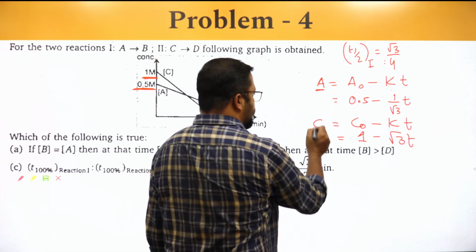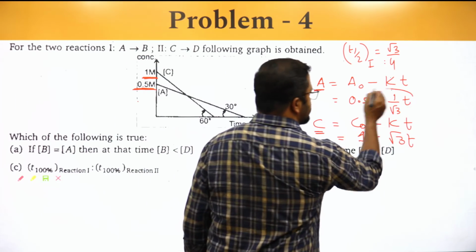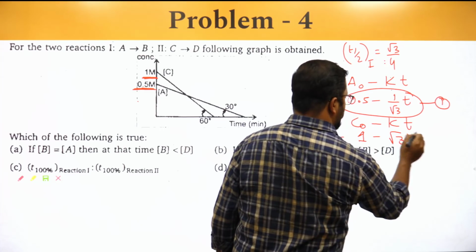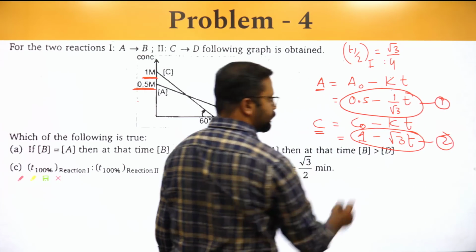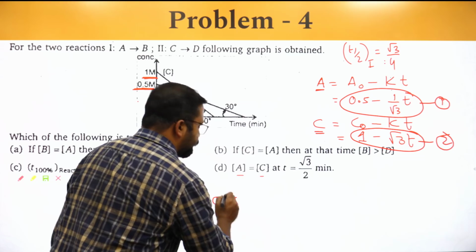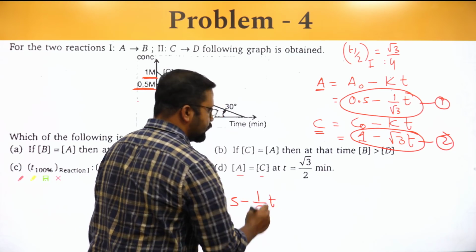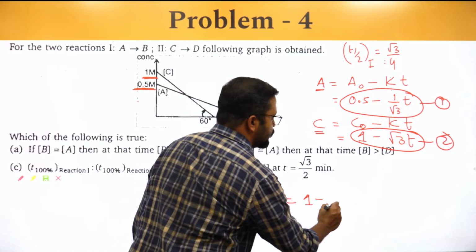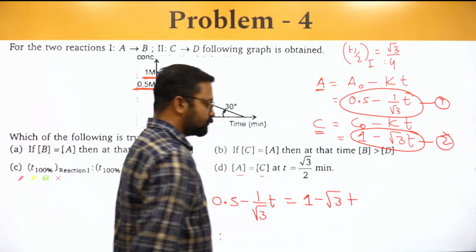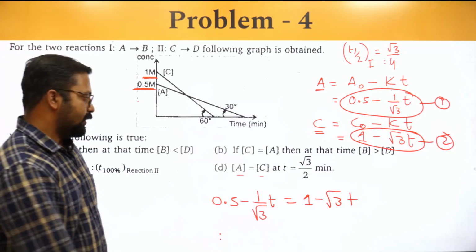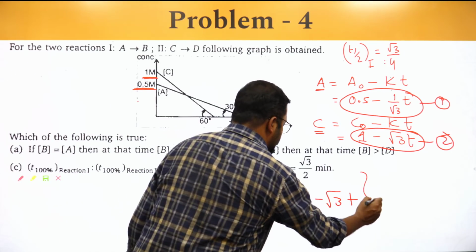Now, if A is equal to C, then this first equation should be equal to the second equation. So 0.5 minus 1 by root 3T is equal to 1 minus root 3T. What will be the value of T, guys, over here?